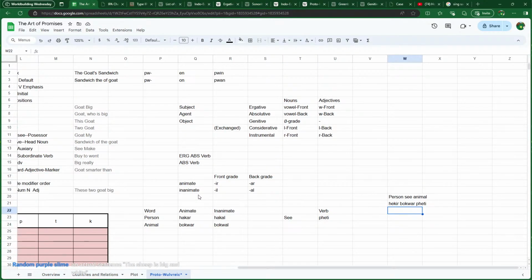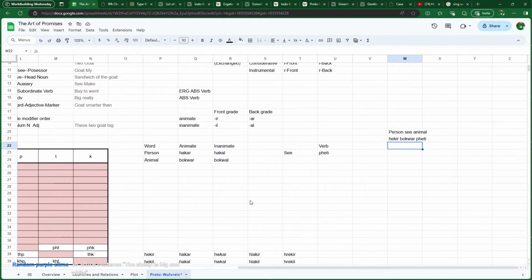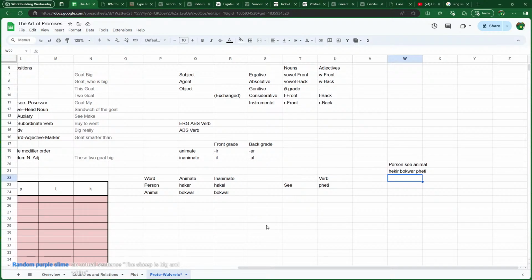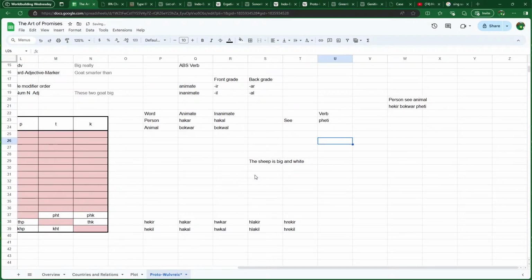An actual sentence: the sheep is big and white. In order to say that, let's break it down. Our subject is the sheep, right?